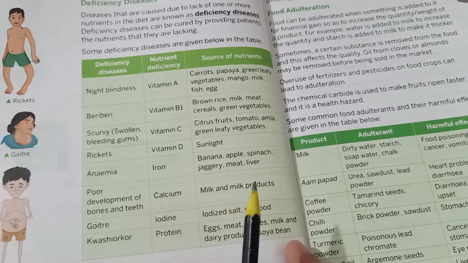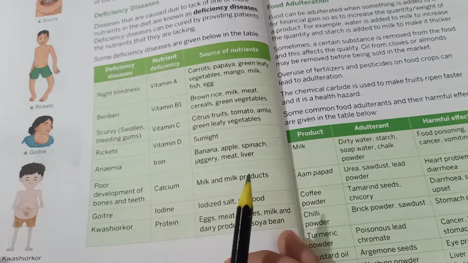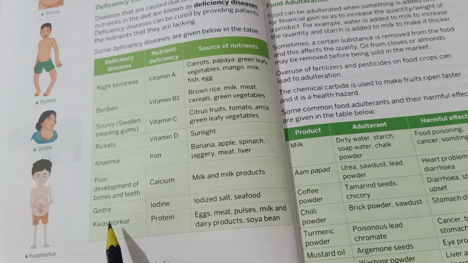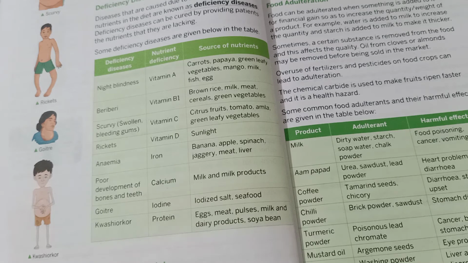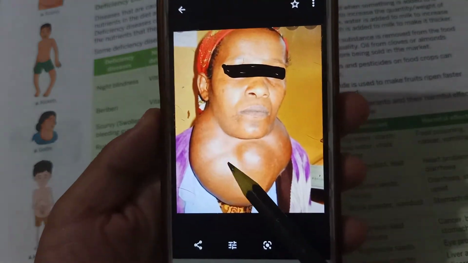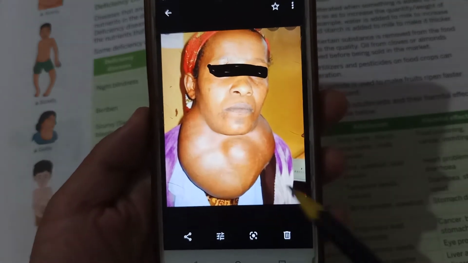Another disease which we are going to discuss is goiter. Goiter is again a deficiency disease in which our thyroid gland swells up like this. So this is a swollen thyroid gland.